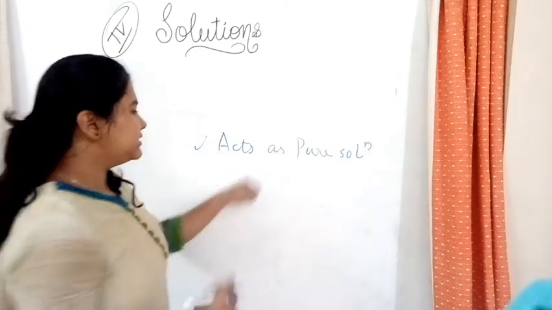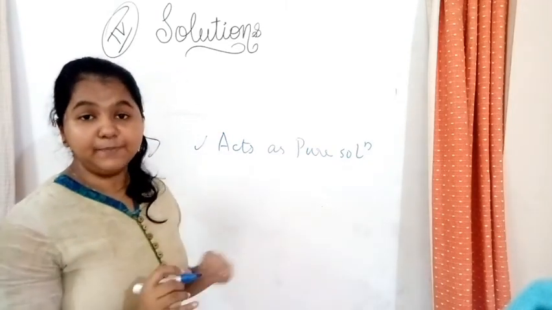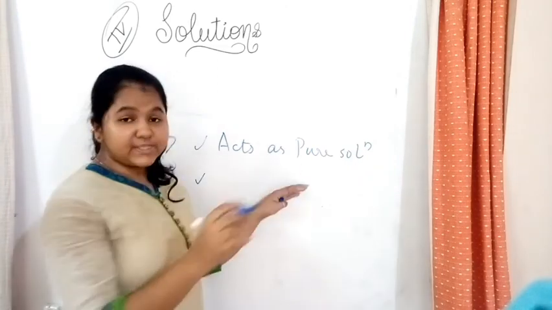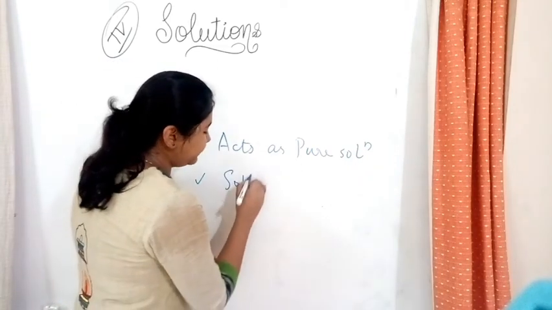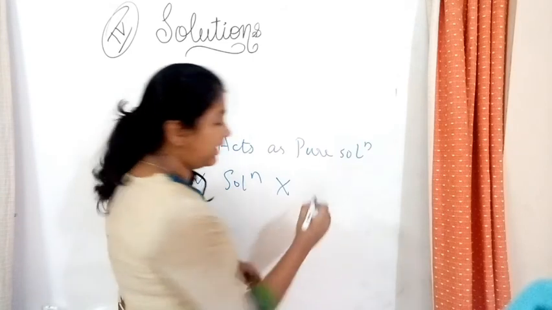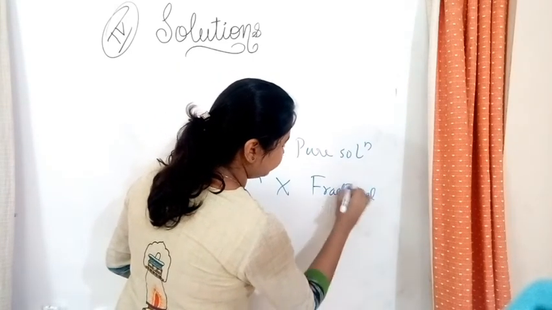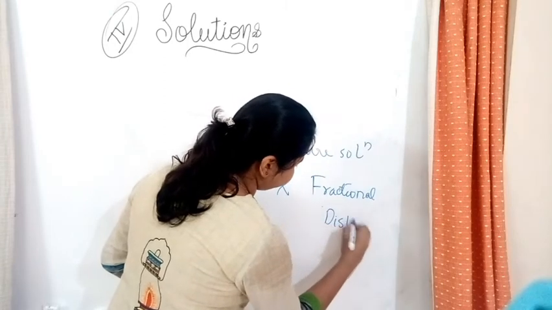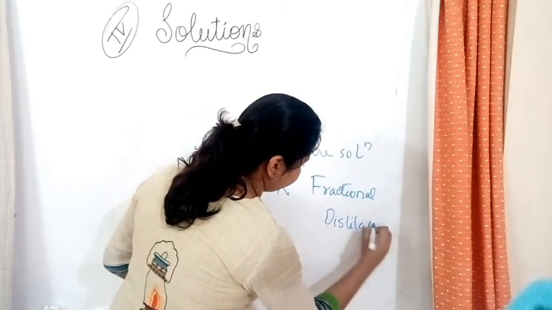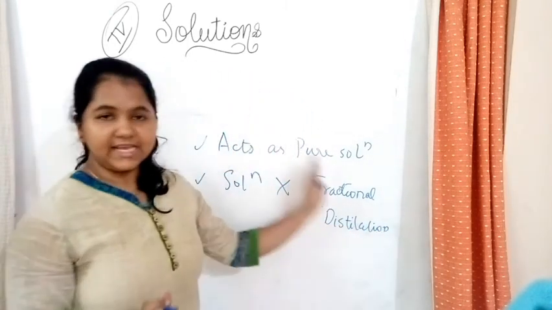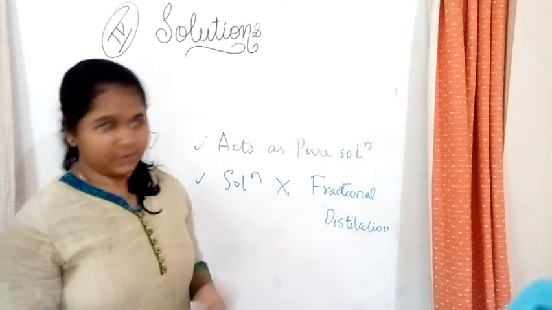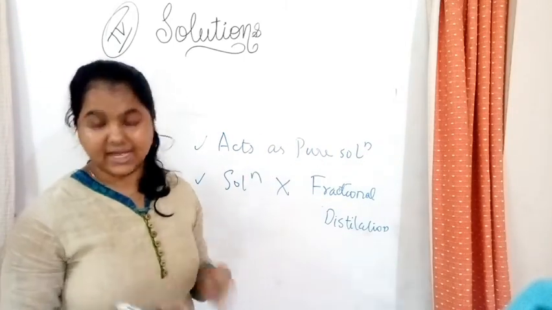Okay? So, the second point is that this solution cannot be separated by fractional distillation. Okay, let us also talk about what is azeotropes. I hope you might have understood what is azeotropes.